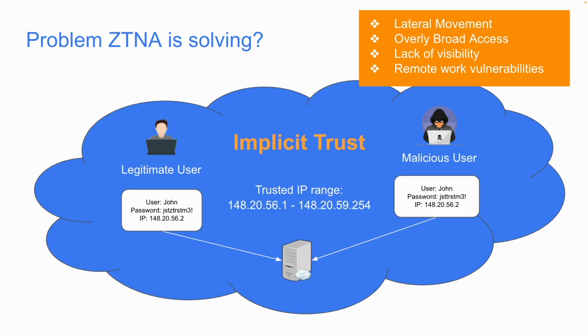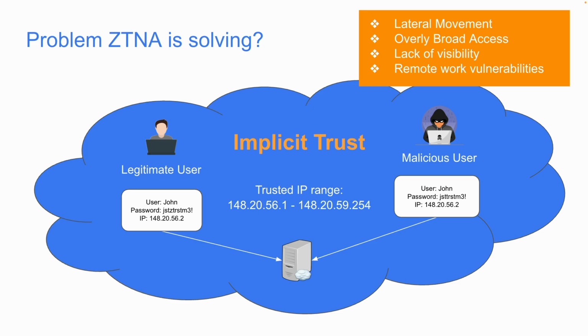Third is lack of visibility. Traditional security tools often fail to detect unauthorized access within the network, compromising security. The fourth is remote work vulnerabilities. Implicit trust fails in distributed environments where users connect from various locations and devices.